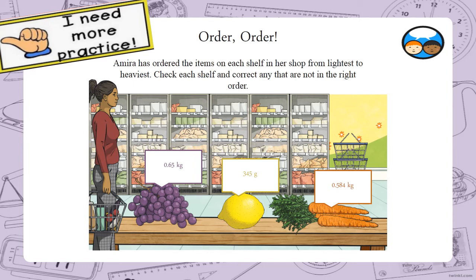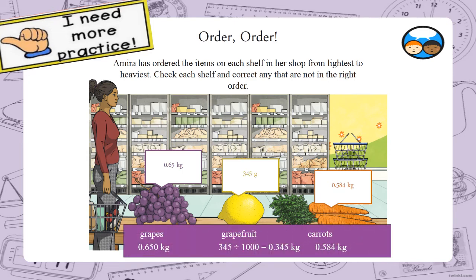We use which operation? From small to big, we use divide. Excellent. Divide by what? Divide by 1000. So this is 345 grams divide 1000 gives us 0.345 kg.